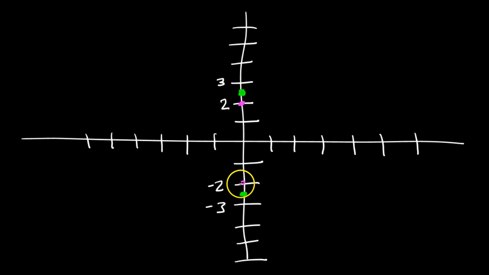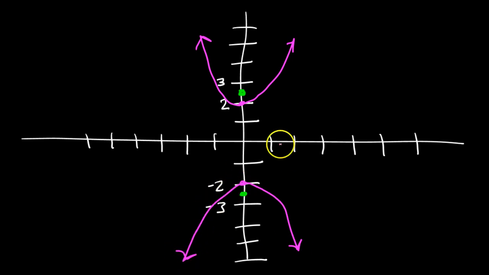Okay, so these are my vertices, which means that I will have branches of this hyperbola which wrap around the foci, opening up and down like this. So, because this is vertical, that tells me that the y term will be first and the x term will be second.